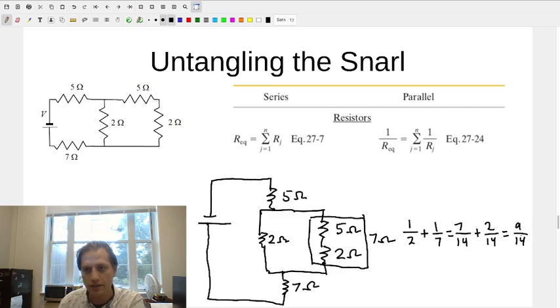And then I need to take the flip of that to get that my equivalent for those two in parallel is going to be 14 over 9 ohms. Okay, and I can take my calculator and find 14 divided by 9, which is about 1.6.